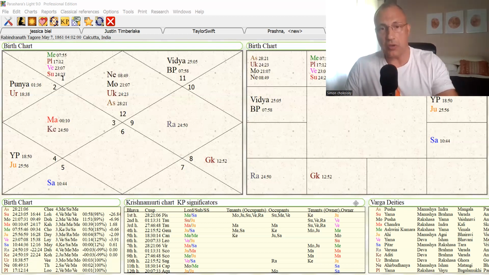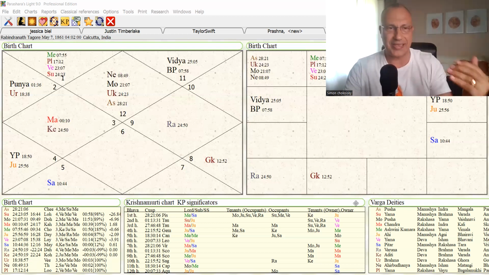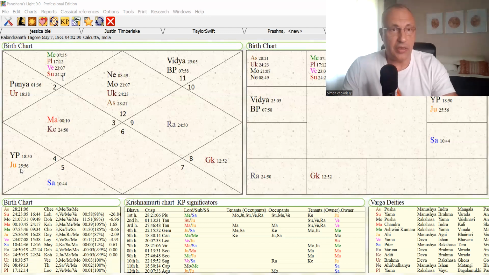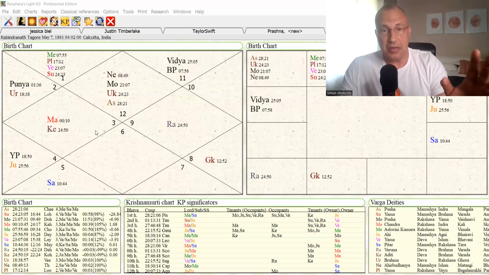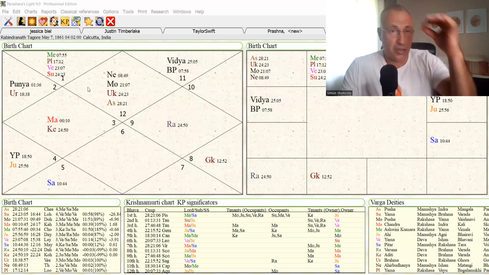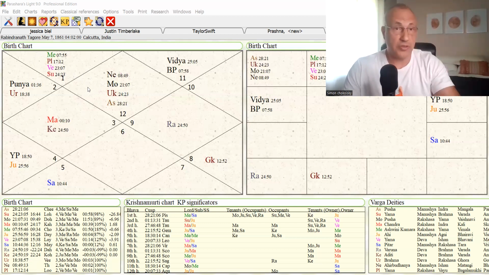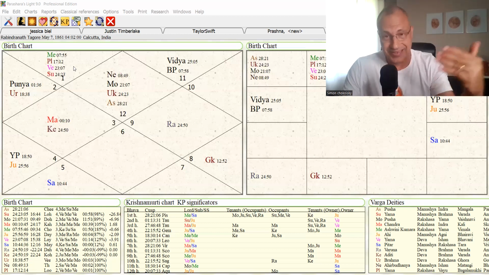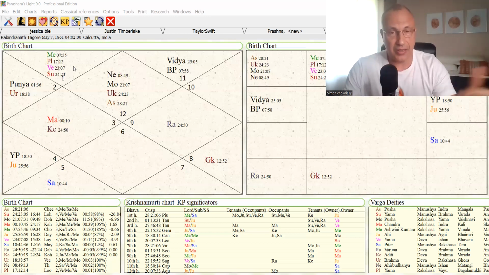Now, this isn't the only yoga. I'm giving you an example. This is further deepened by the fact that Jupiter is also the Atmakaraka. Some of you may have seen that. But what else is going on? This moon participates in other yogas as well. It participates in a number of yogas that are triggered by Venus and Mercury in the second house from the moon and the second house from the ascendant.